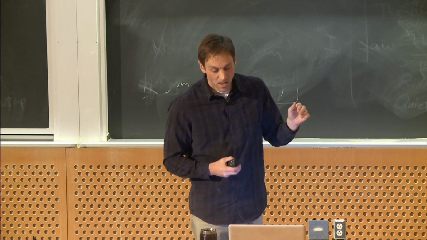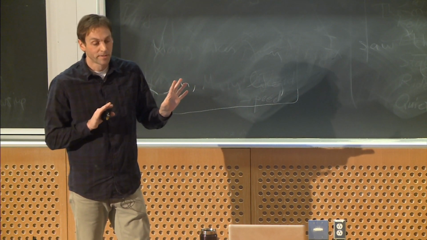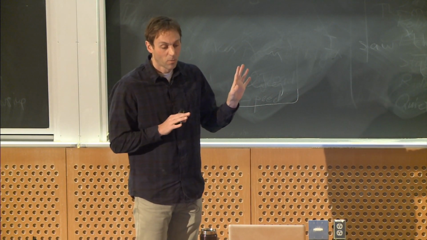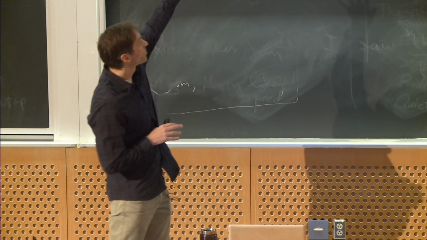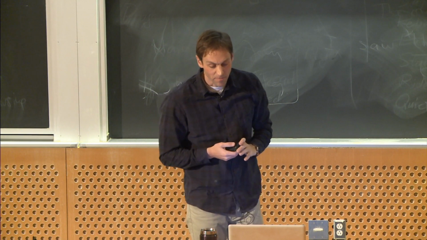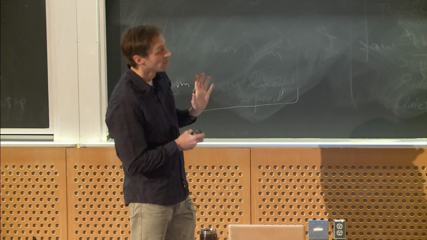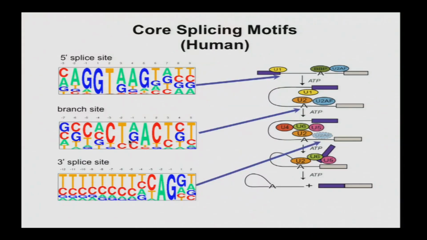In this case, the recognition is actually by proteins rather than RNA. There are two proteins: one called U2AF65 that binds the pyrimidine tract, and one, U2AF35, that binds that last YAG motif. And then there's an upstream motif just upstream of the 3' splice site that is quite degenerate and hard to find, called the branch point motif.